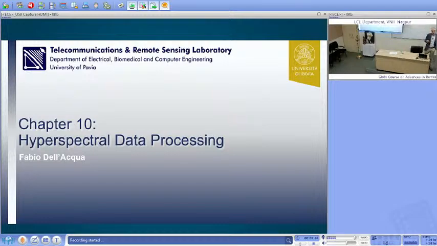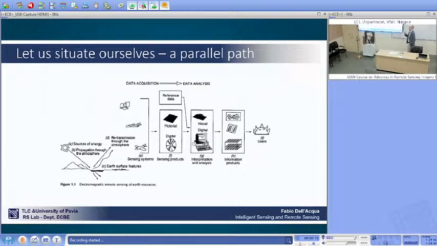It has great potential because it contains a lot of spectral information, and it is on the verge of becoming mainstream because a number of hyperspectral satellite missions are coming up, including one from Sentinel, from the Copernicus initiative. So just a few points to give you a flavor of what these data are and how you can tackle the issue of extracting information from these data.